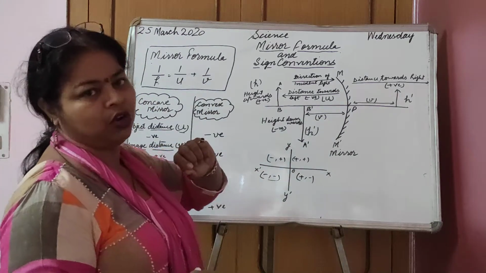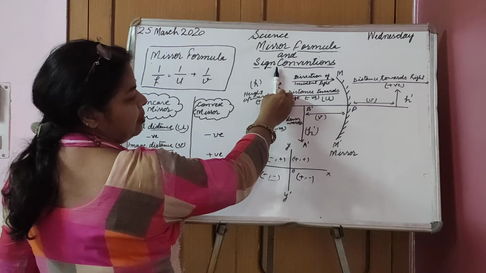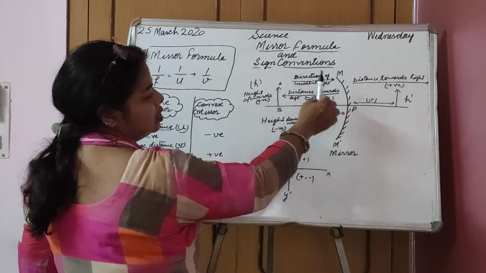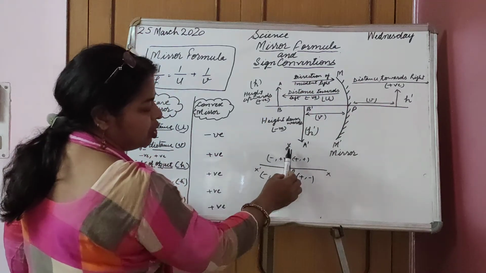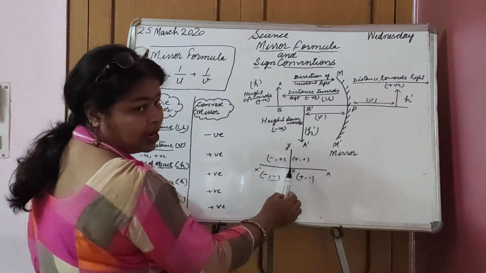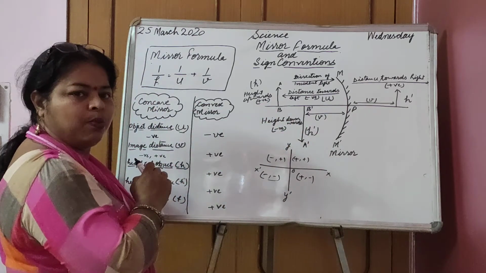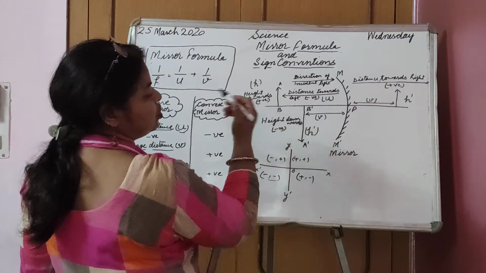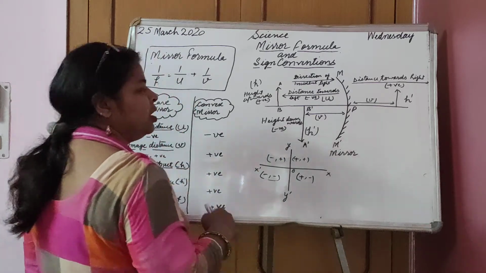Then comes the height of the object. Because we make it stand erect on the principal axis, it will always be upright. Upright means the coordinates are on the y-axis. So height upwards is always taken as positive, and height is represented by h. So h is always positive in both cases, convex as well as concave.